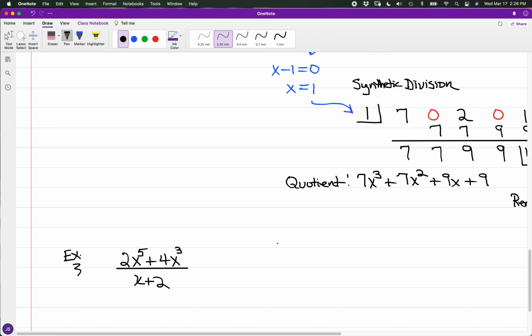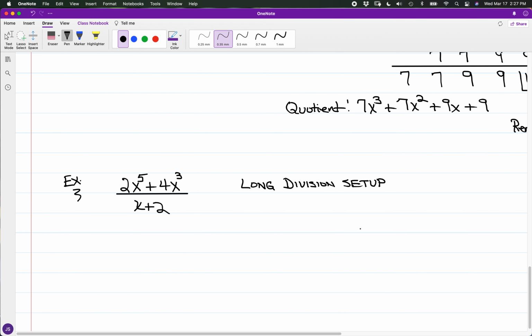Now we're going to solve by using synthetic division. But first, for the long division setup, your divisor is going to be x plus 2.